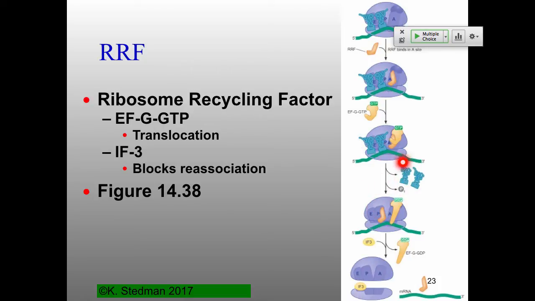Once these have been pushed off, initiation factor 3 can come back down and bind to the small subunit of the ribosome. What does initiation factor 3 do? Blocks the large subunit, exactly. It blocks reassociation of that large subunit. And so this is the end of the cycle, now ready to start again.